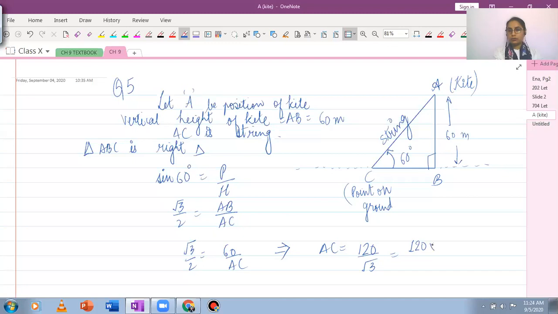Rationalize the denominator again. So this will be 40 times root 3 meters. This is the length of the string.